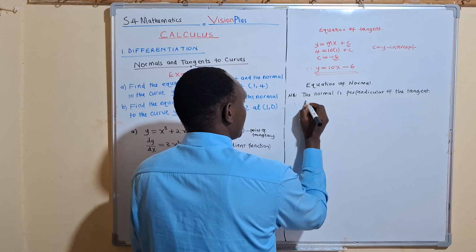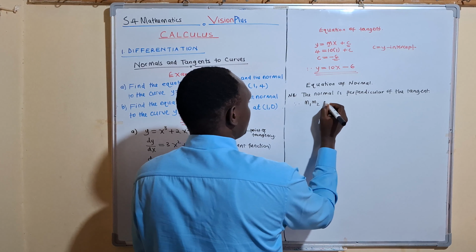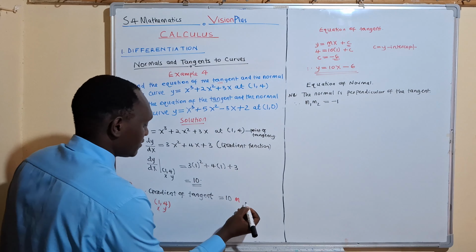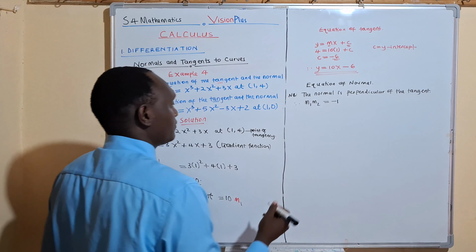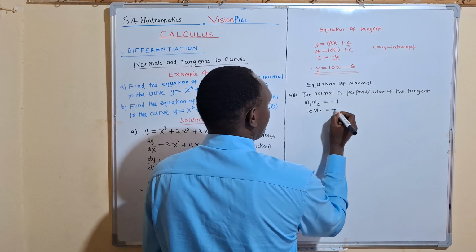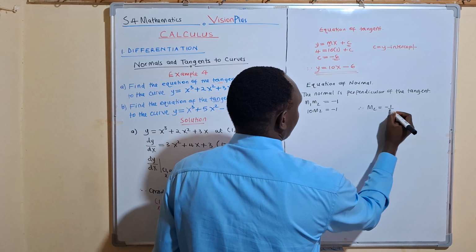That means the gradient of the first line m1 times the gradient of the second line m2 gives us negative 1. So let me call the gradient of the tangent m1. Therefore, 10 m2 equals negative 1. This gives us m2 as negative 1 out of 10.